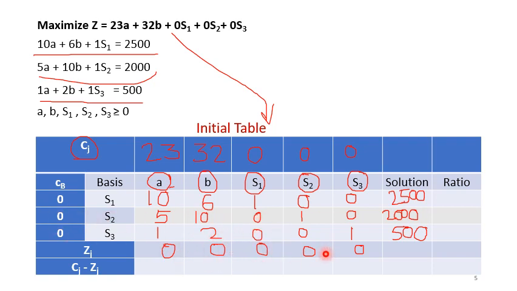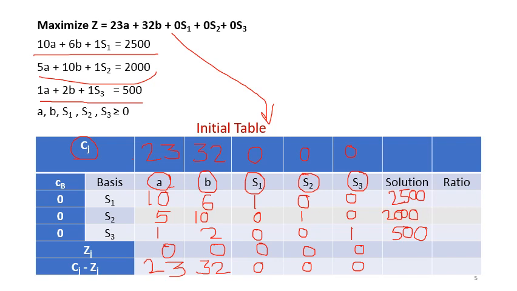So you get all values as 0. What is the Cj minus Zj value now? For the first column, Cj value is 23, Zj value is 0, so 23. This will be 32. This will be 0, and this will also be 0. So this will be the initial simplex table for you.